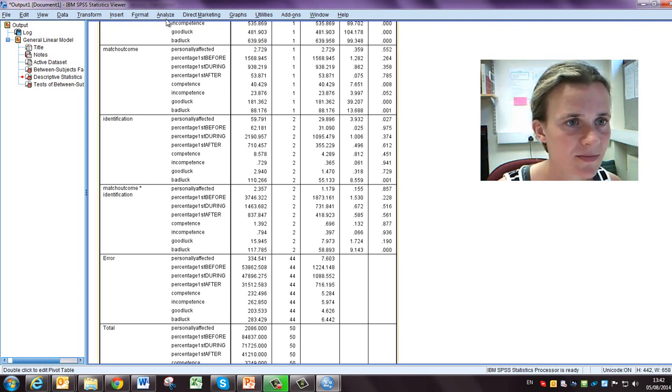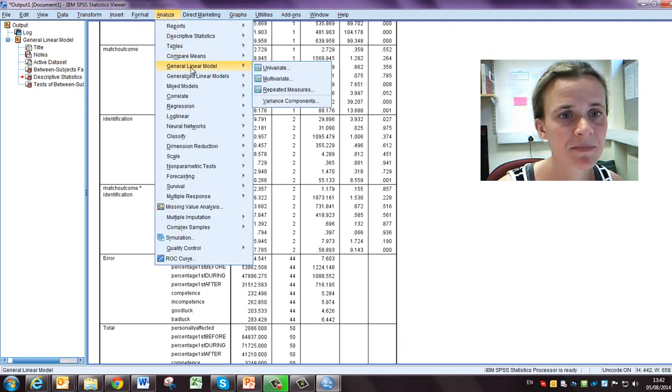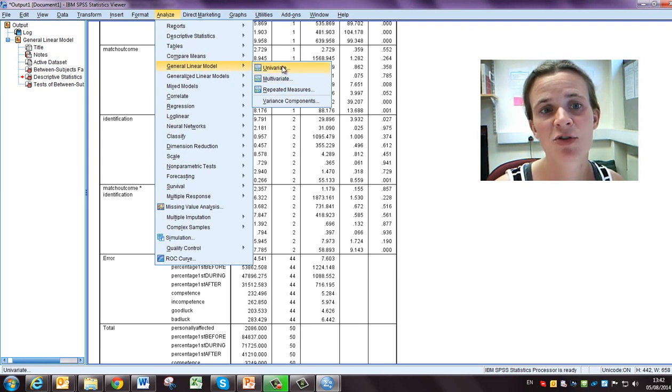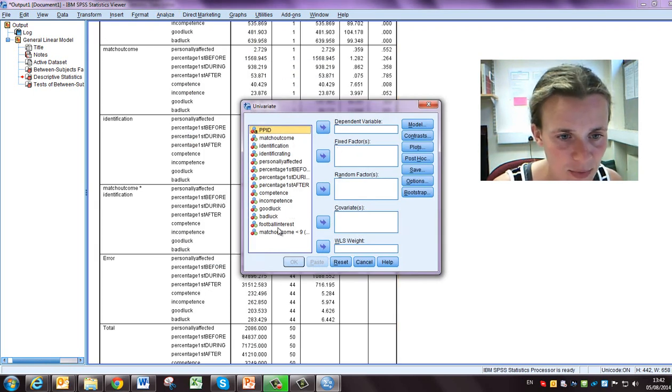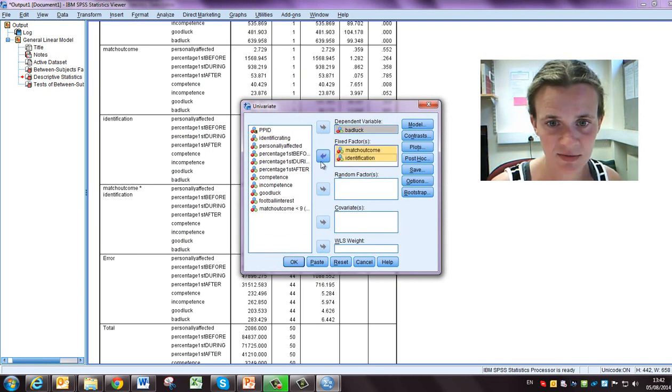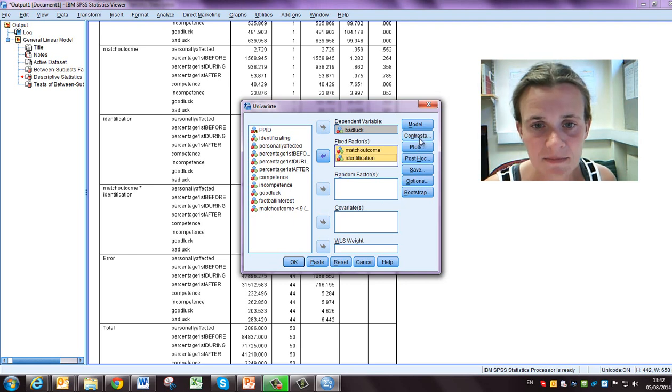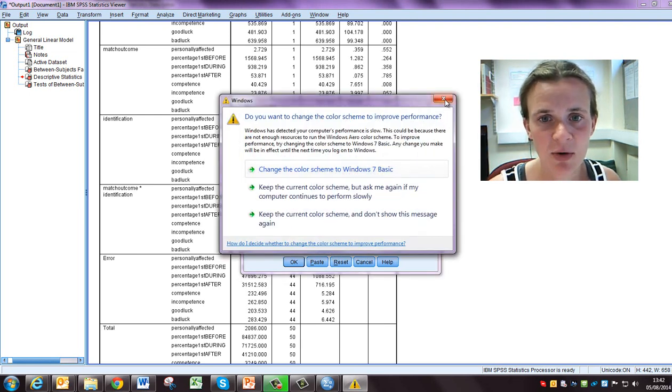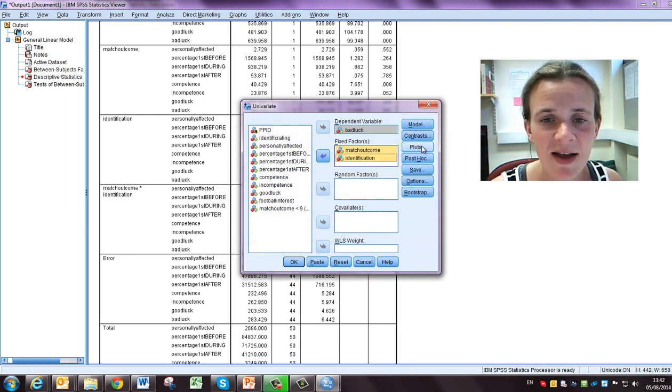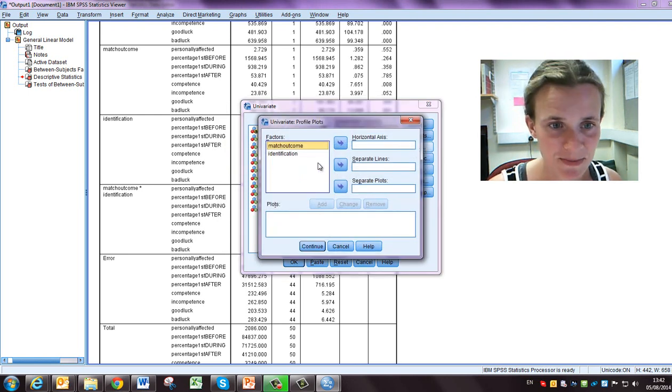So we do the same thing, but instead of a MANOVA, we just do an ANOVA, because we only have one dependent variable that we want to look at. So we put in bad luck, and we put in these little friends, and what we want is a nice plot.